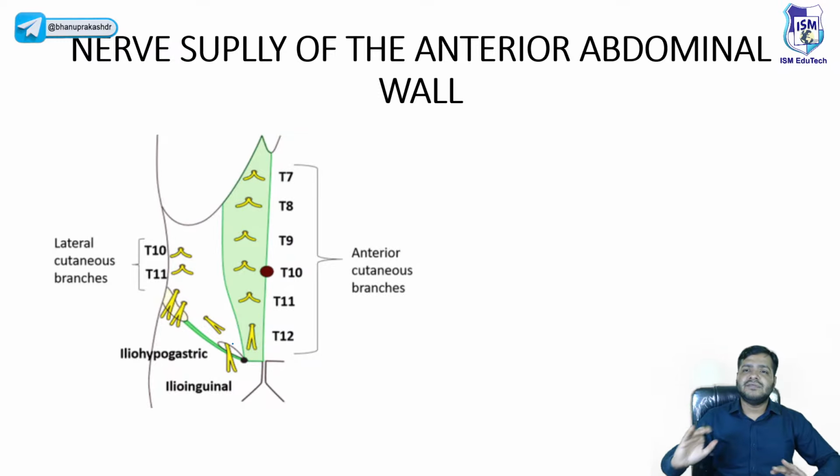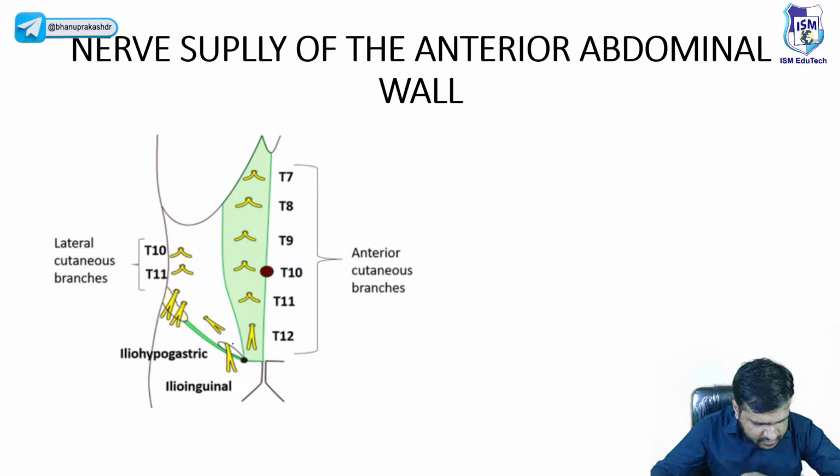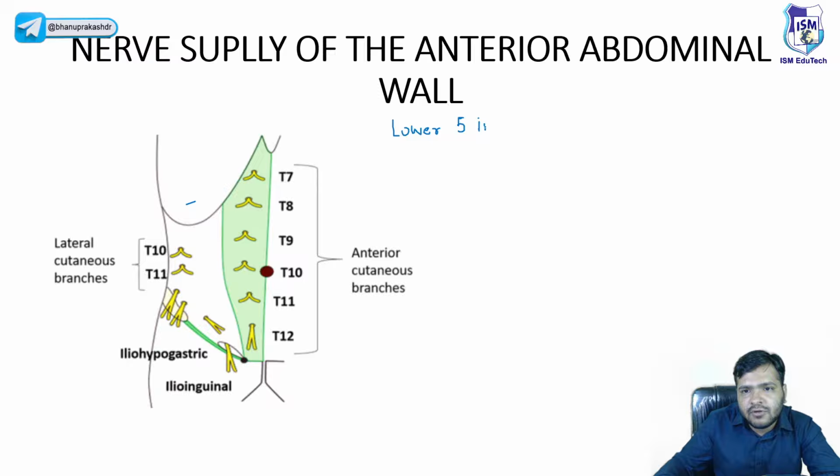So write down the nerve supply of the anterior abdominal wall. Write out that the nerve supply is from the lower five intercostal nerves.